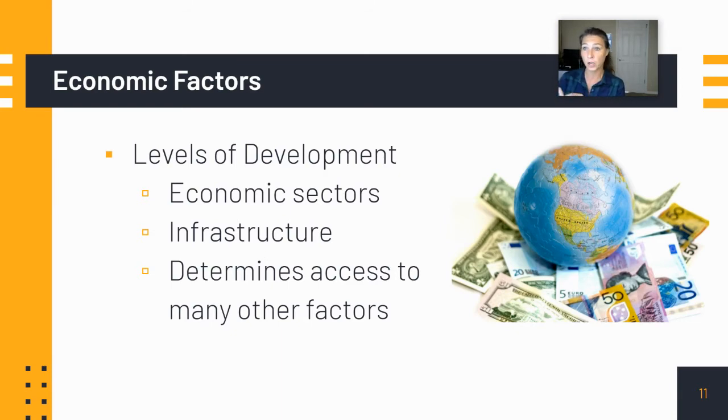And in areas where you have high levels of service, where kids tend to go to school instead of work, your fertility rates are going to be a lot lower. Infrastructure is the same thing. So like economic factors that influence population growth or decline.